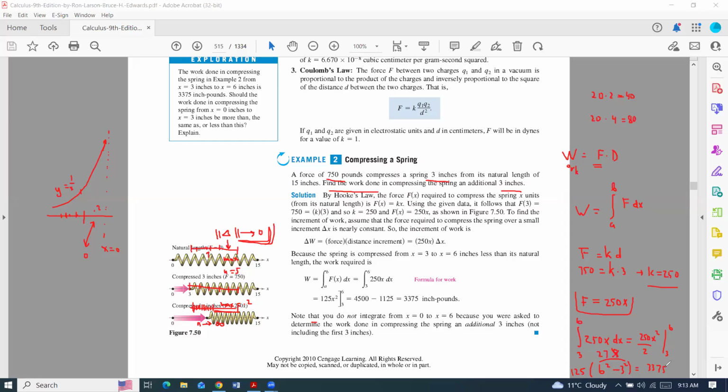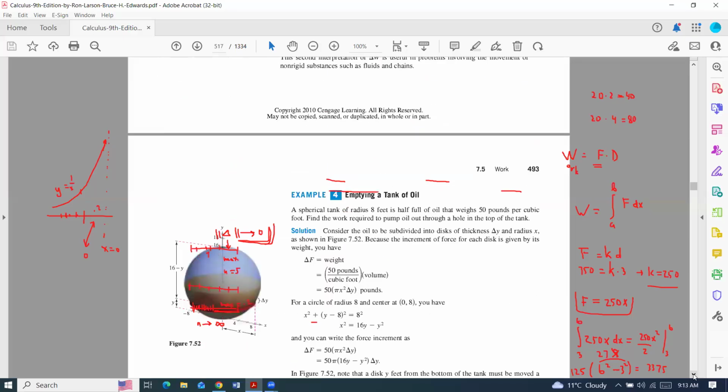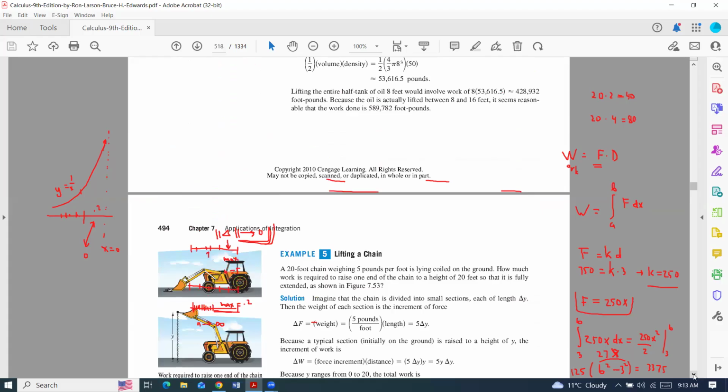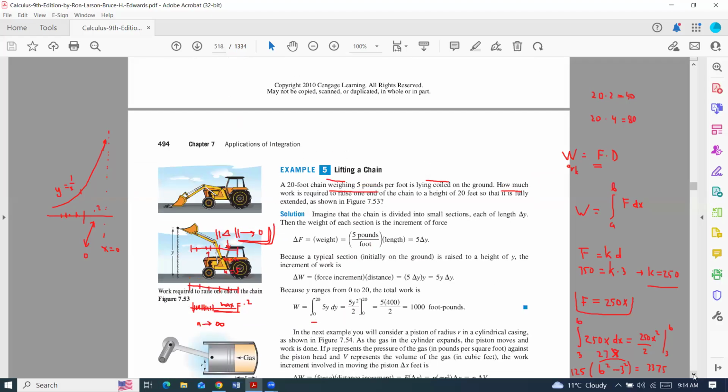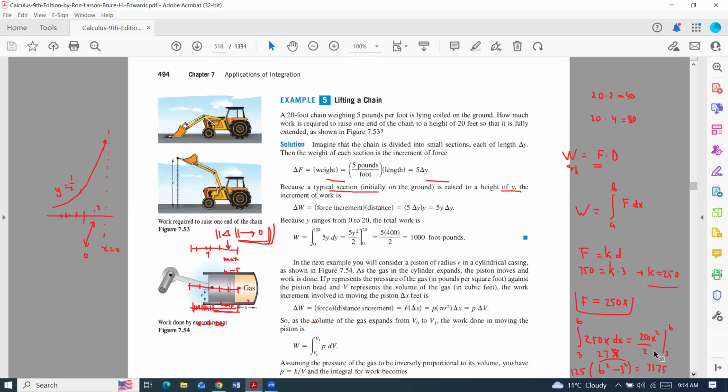So calculus-wise, it's nothing, but it is an interesting application of physics, right? So there's one of those. There are various examples. There are other laws, and I think an interesting one here is lifting the chain. So that's something that will give a little bit of appreciation of what we're doing.